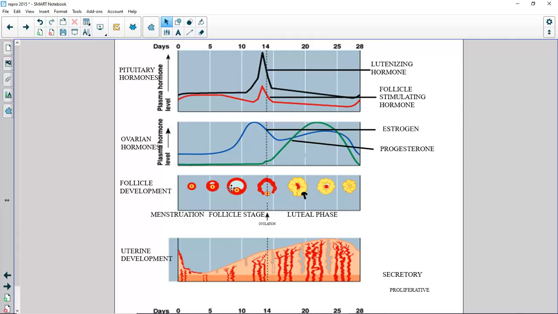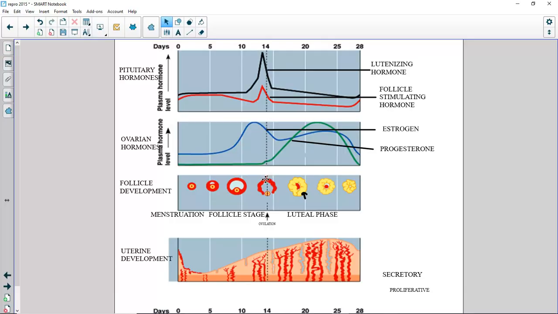Estrogen acts on the uterus to stimulate the thickening of the uterine lining. So you see higher levels of estrogen during the follicle stage. You see highest levels of FSH during this stage, except for its peak. All right, day 14, the hormone that acts on it is LH.